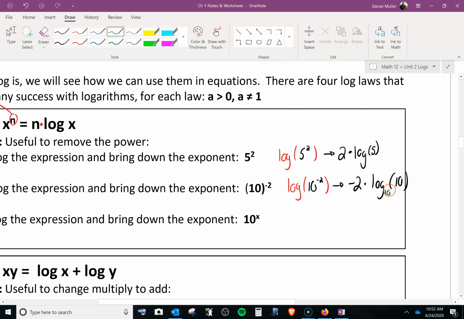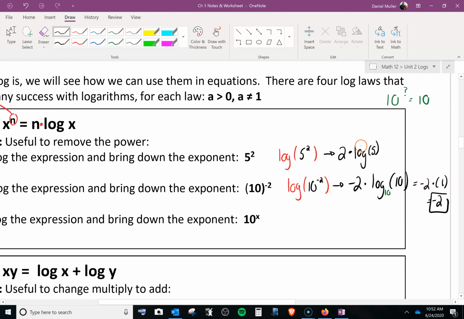And log base 10 of 10, you should know what this is. This says 10 to the what gets me 10. Well, the answer to that is 1. So this thing just becomes a 1. So this is actually negative 2 times 1, which is negative 2. I didn't plan that, but it's good to keep an eye out.